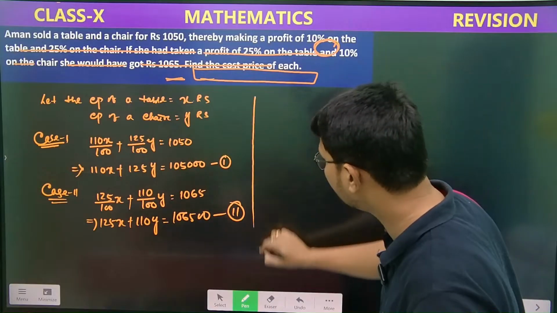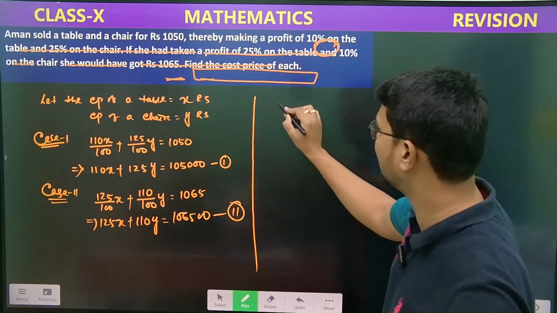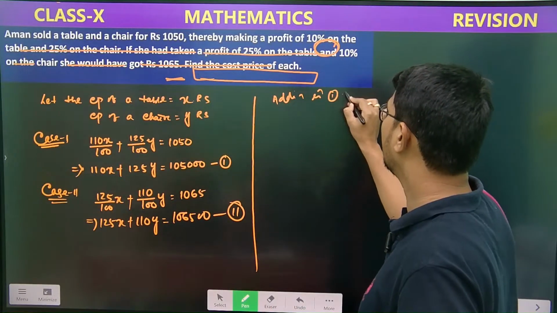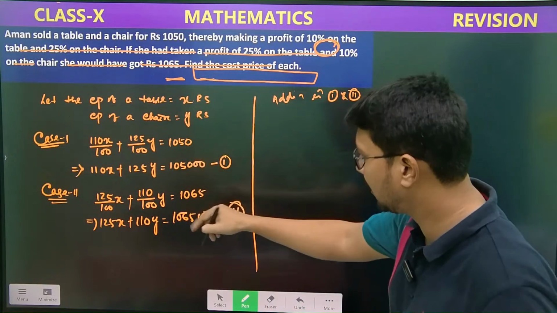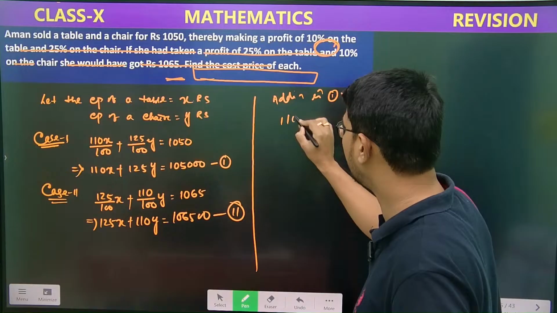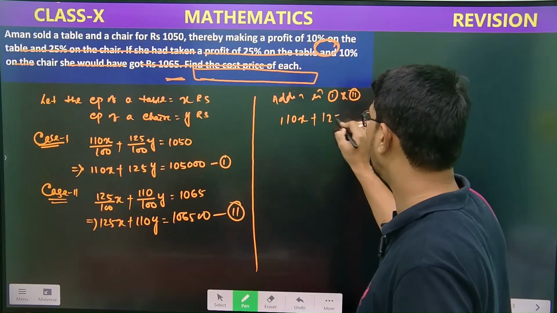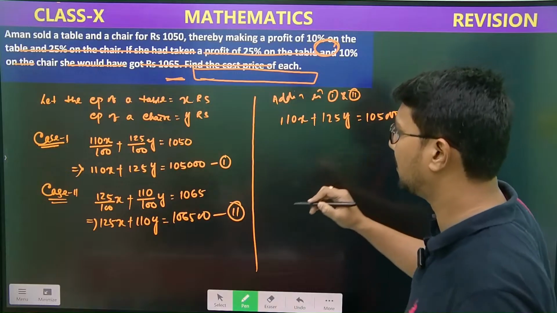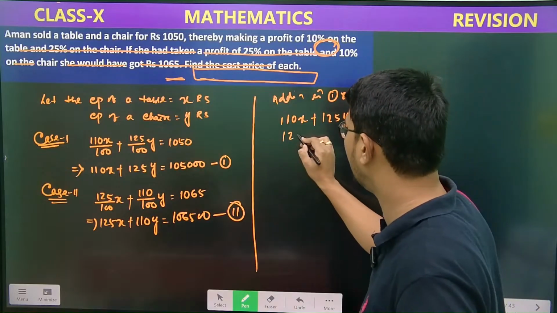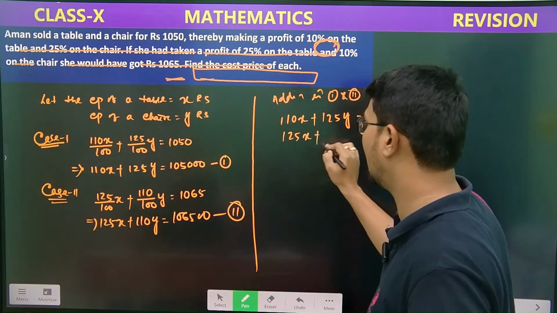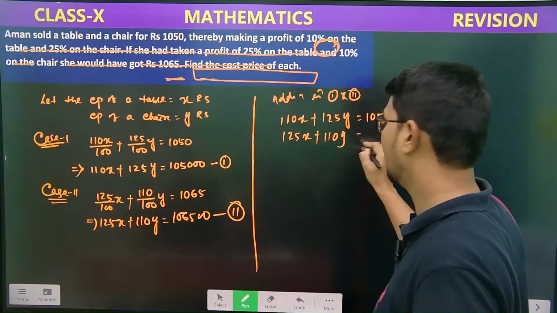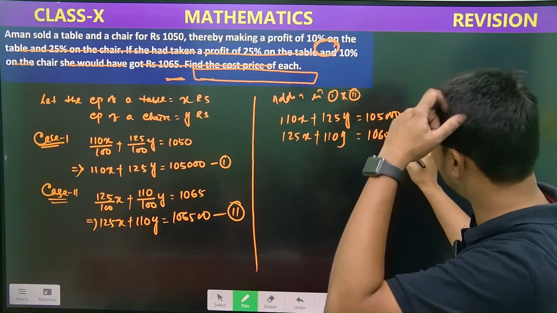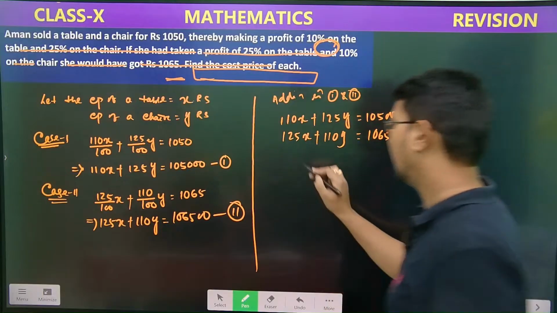Now let me add equations 1 and 2. 110x plus 125y equals 105000, and 125x plus 110y equals 106500.